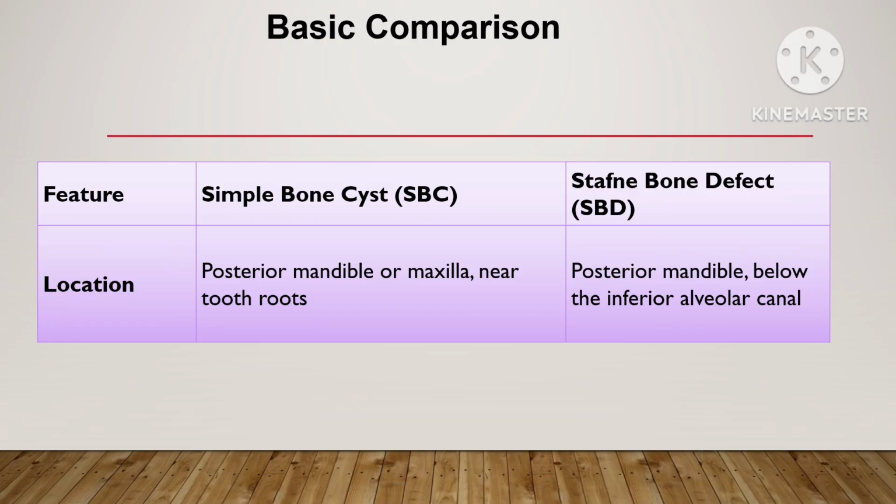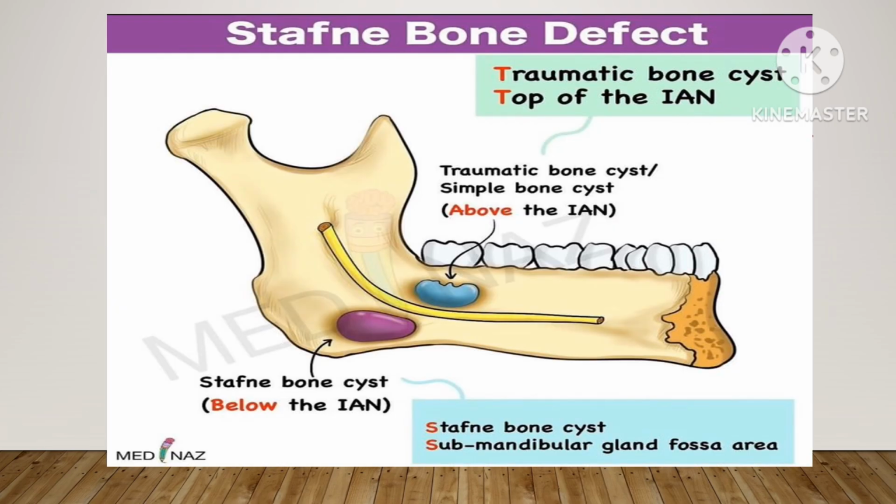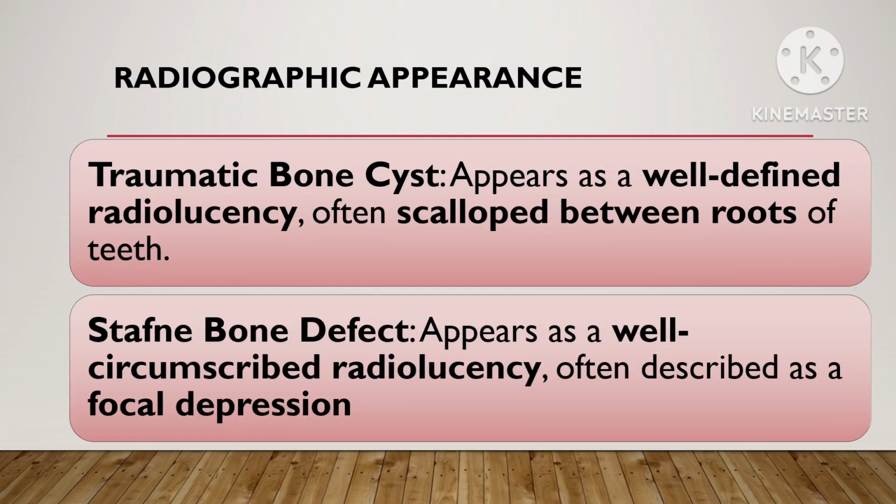If we compare Stafne bone defect and simple bone cyst, Stafne bone defect is usually present below the mandibular canal near the angle of the mandible, while the simple bone cyst is typically present in the mandible, often in the posterior region, and can appear around the roots of the teeth as well.